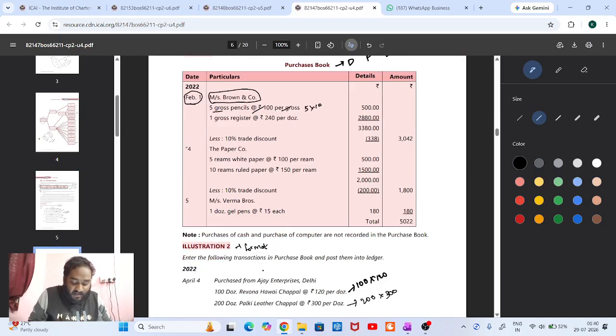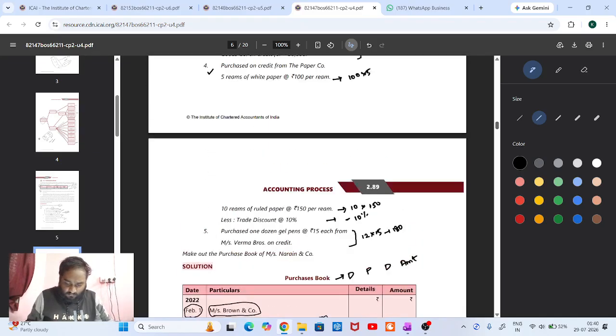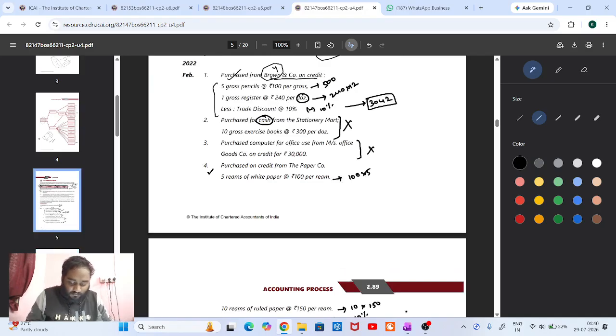Five into 100 is 500. One register of 240 rupees per dozen. Keep this in mind. So 240 into 12 comes here.